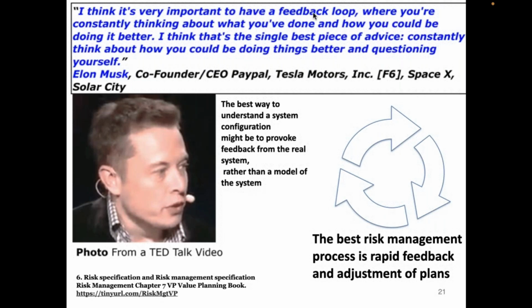But he stresses the importance of feedback loops, and I'm pretty fanatic on it. In a sense, that solves all problems of estimation and meeting estimates. You have feedback loops and correction all the time, and that keeps you on track towards your goals and within your budgets. So the best risk management process is rapid feedback and adjustment of plans.